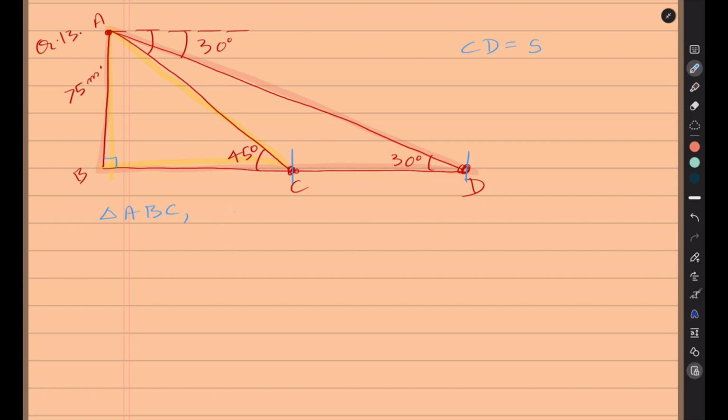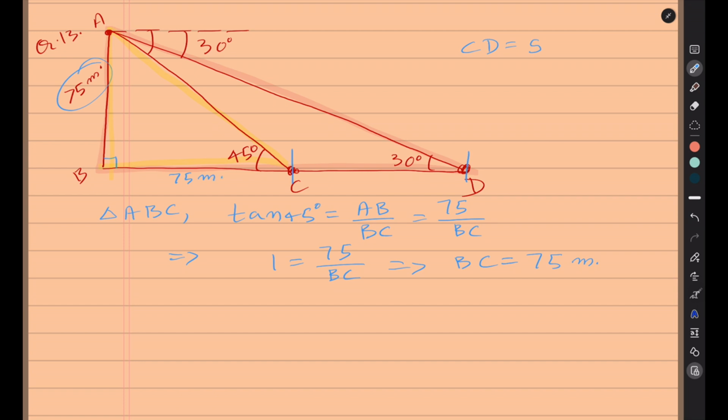So here we can very well see that tan 45 degree is equal to perpendicular divided by base, and that is 75 divided by something which we don't know, BC. But then tan 45 is equal to 1. So 1 is equal to 75 by BC, and that gives us the value of BC. BC is actually 75 meter. So AB is also 75 meter. BC is also 75 meter.